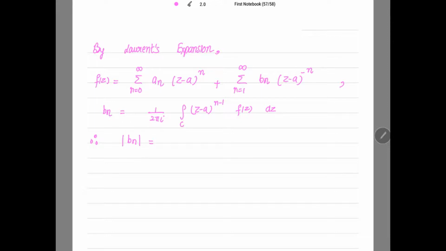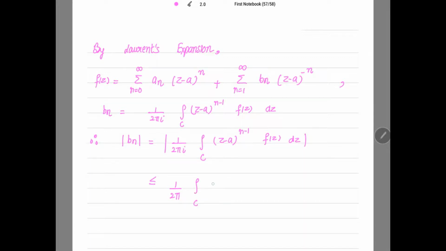Let's take the mod of b_n. This is mod of 1 over 2 pi i times the integral over C of (z minus a)^(n-1) f(z) dz, which is less than or equal to mod of 1 over 2 pi i, which is 1 over 2 pi, because mod of i is 1.